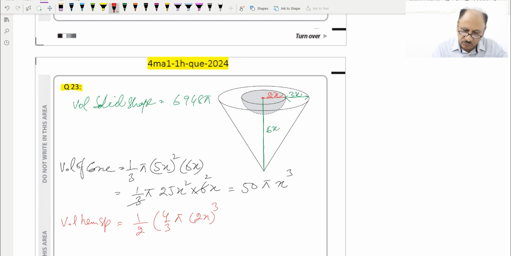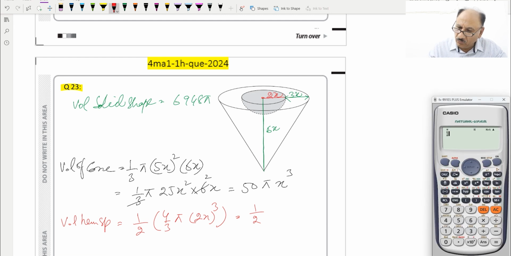So it is 1 by 2 into 4 by 3, and multiply by 2 cube, which is 8.